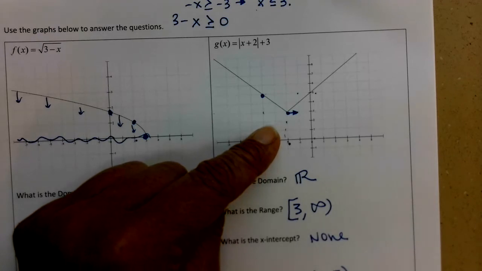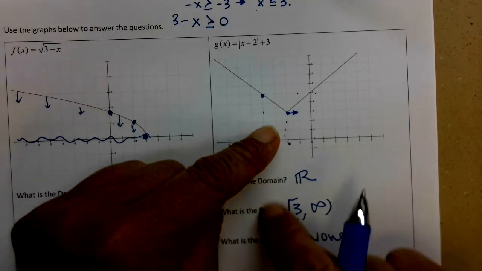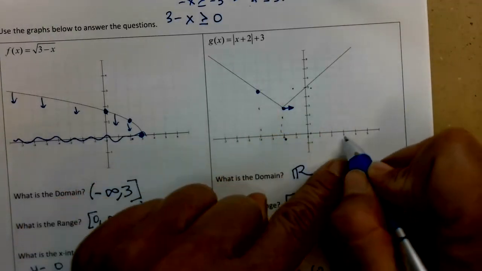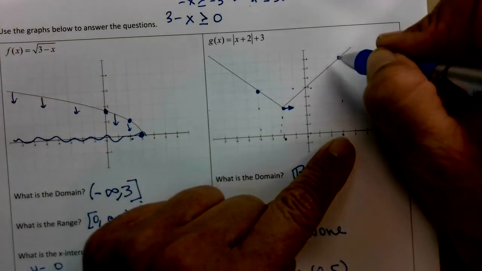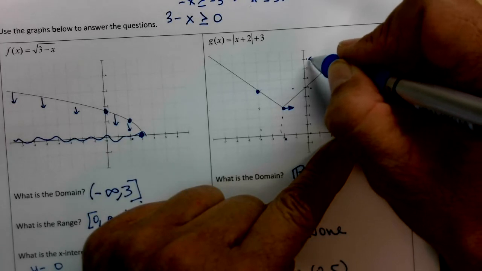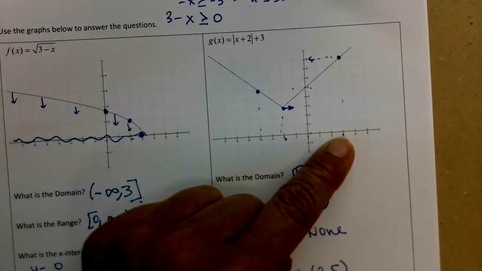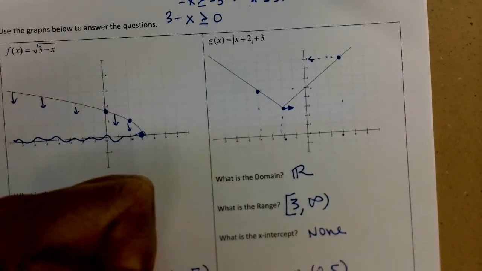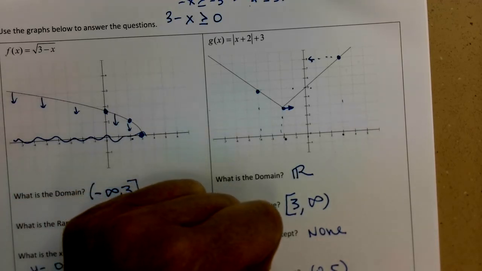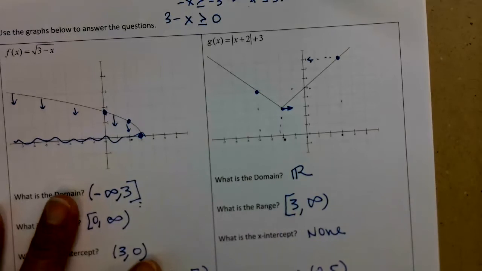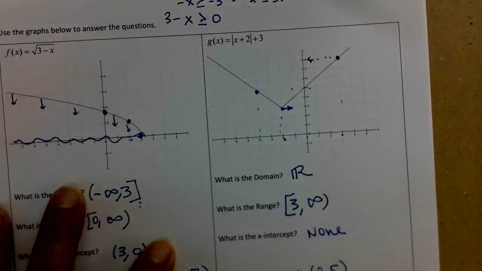I'll scroll and show you here in just a second. So the next one, if x is 3, what is y? So we're going to go to where x is 3, so that's over here on the right side, and now I'm going to go up and get on the graph and look across and read off that y value. That looks like an 8. Okay, last one is I give you g of x this time, and g of x is 7. What are the x values that give us a y value of 7?